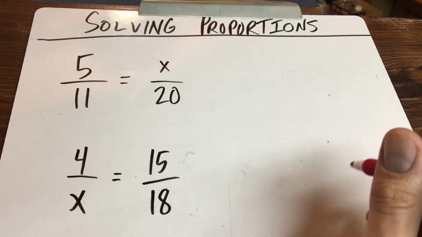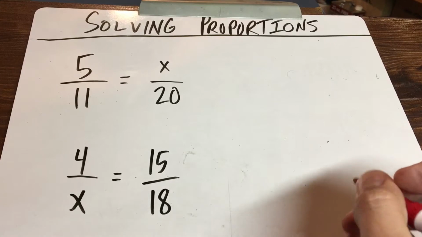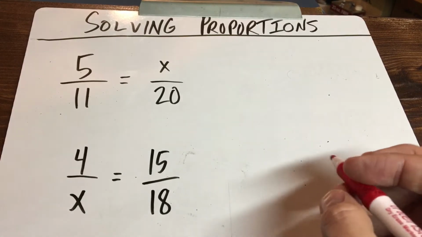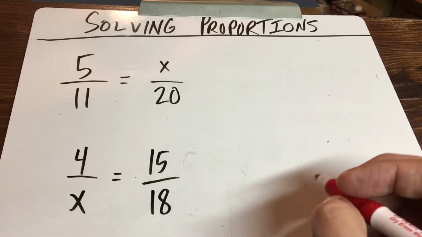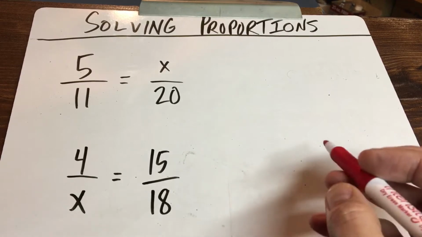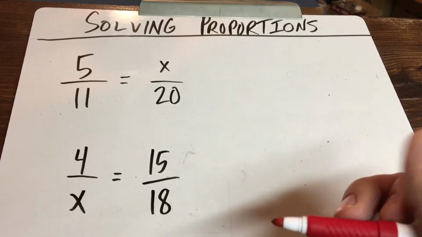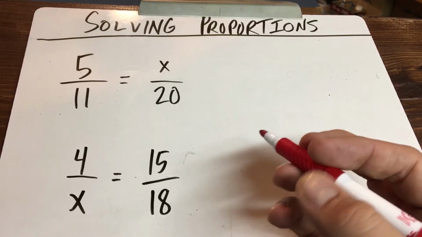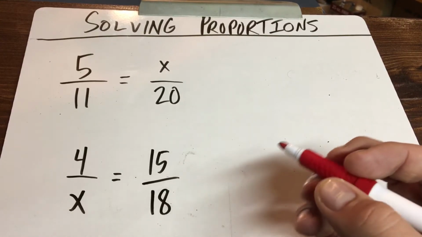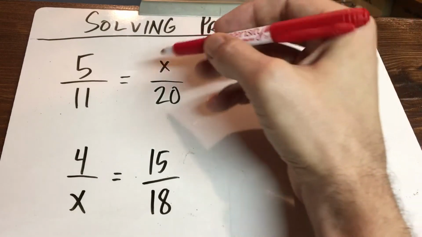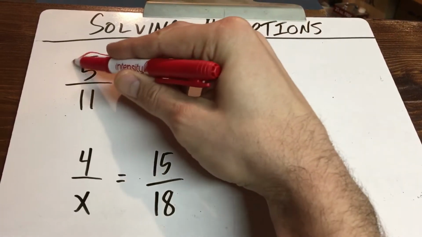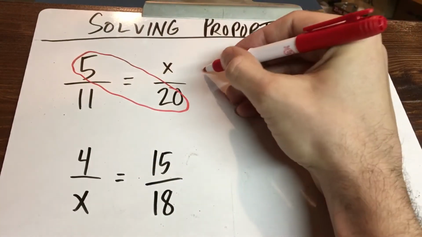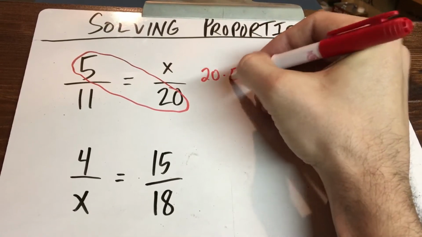Now, if you forgot how to do these, the general way that I've done it in the past is you use a calculator to help you when possible. You take the two numbers that are diagonal, you multiply those together, and then you're going to divide it by the number that is diagonal from the variable, right? So for example, if this was my question, I would do 20 times 5. 20 times 5 is 100.